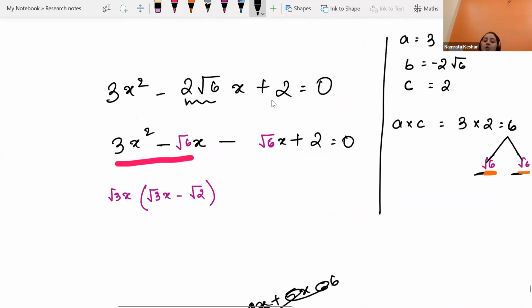But here, are we going to take out the negative sign common or positive? That also is the challenge. We can take the negative sign, because we have to make both factors the same.